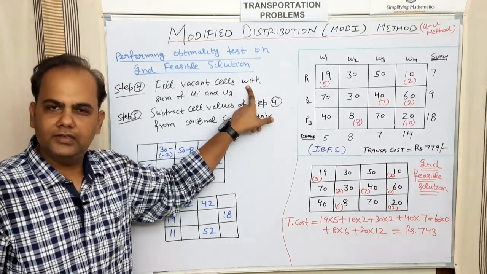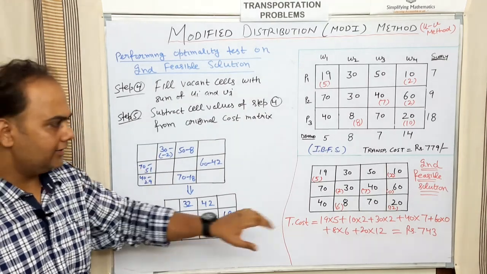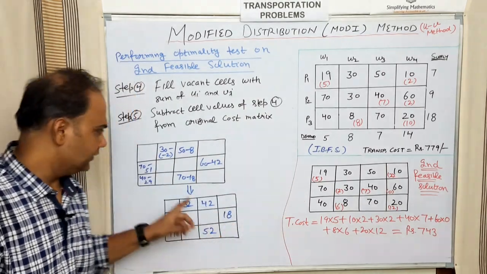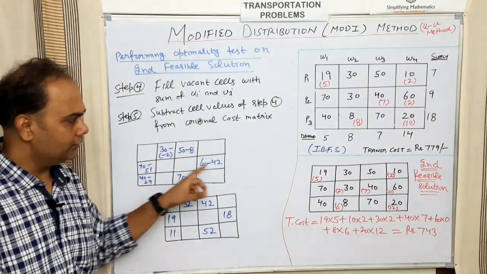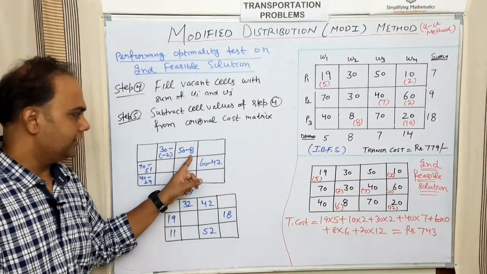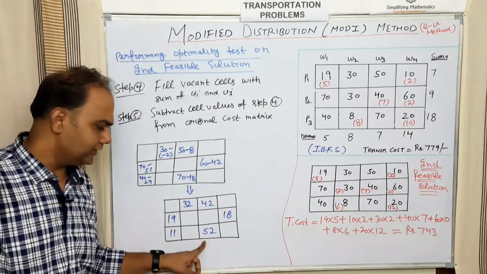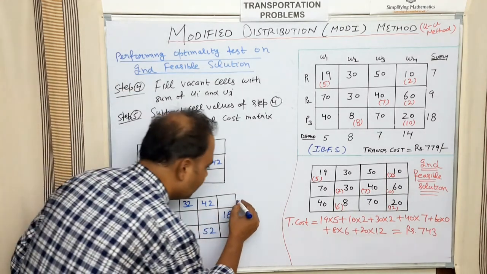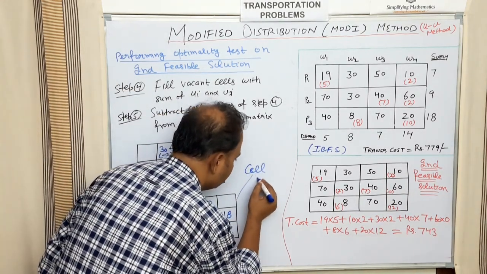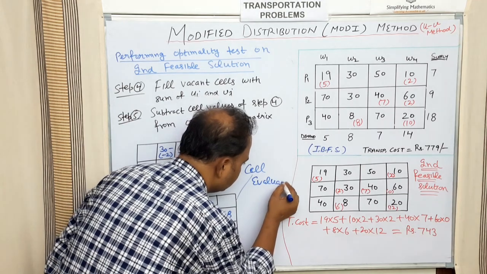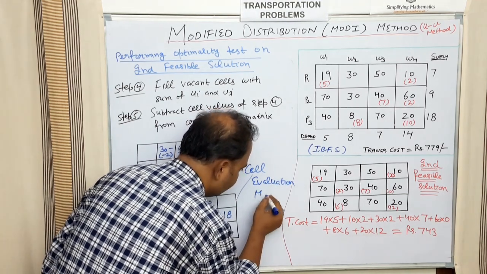The cell values that have come here, we have to subtract from this cost matrix. So 30 minus minus 2, then 50 minus 8 and so on. The final result comes out to be this, and this is called the cell evaluation matrix.